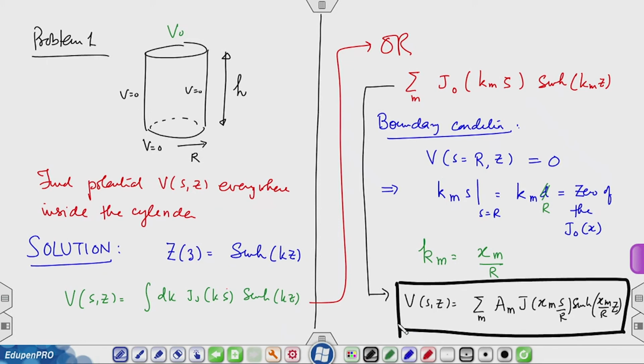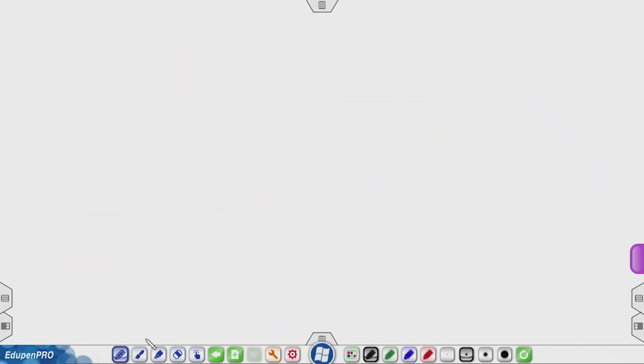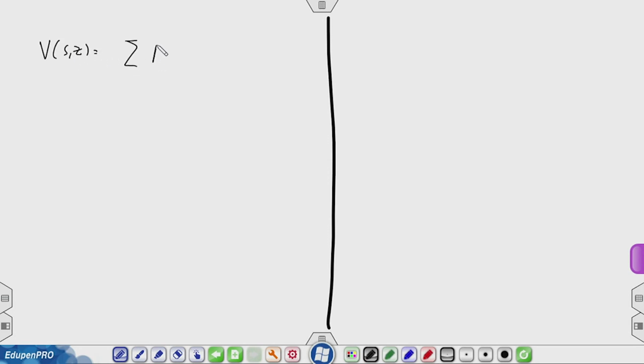So, for this problem, the solution I have is V s z equals summation a m J0 x m s over r times sine hyperbolic x m over r z.